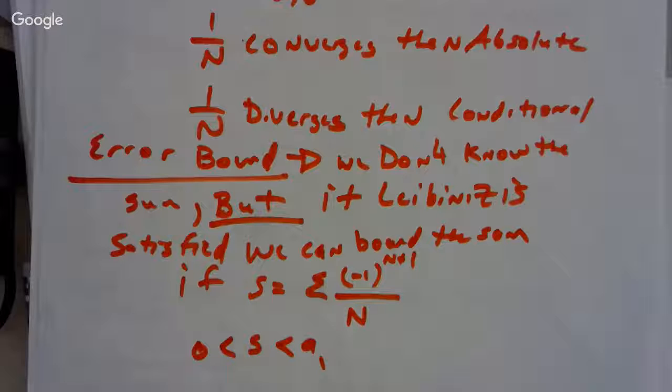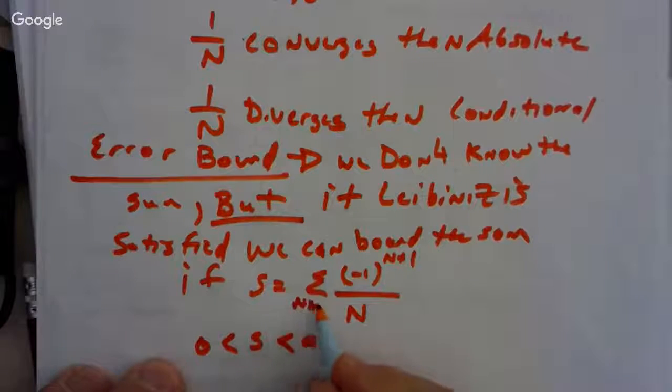We don't know where it is. Right. Can't be bigger than the first term because the second term is going to do what? And then the third term is going to, and then the fourth term is going to, yeah. And that's from n equal to 1 to infinity.